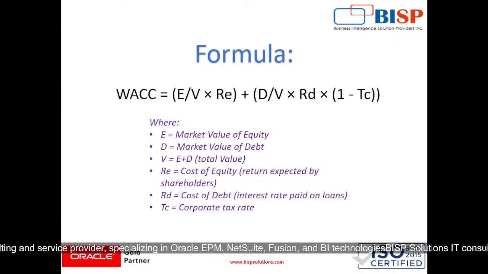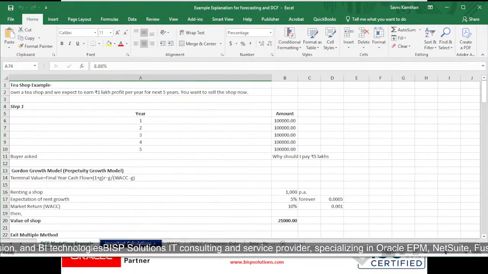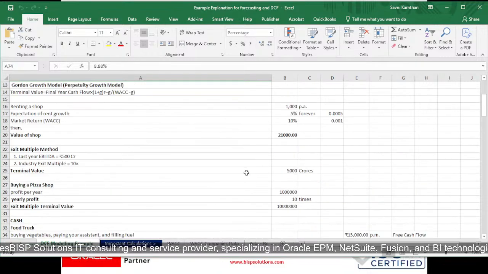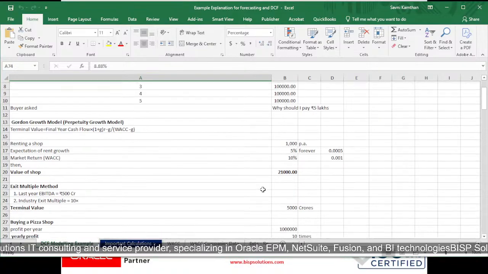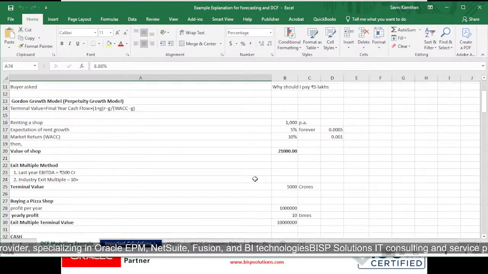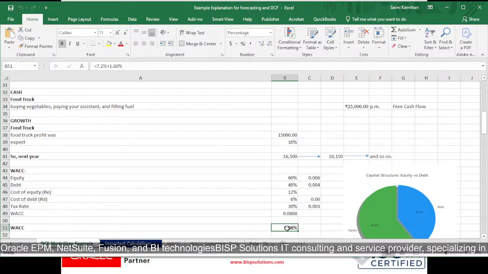Let's take an example. If a company is financed 60% by equity and 40% by debt, the cost of equity, RE, is 12%, the cost of debt is 6%, and the tax rate is 30%. Before moving ahead, we have already calculated this in our sheet also, using the WACC formula, so we can calculate our WACC.